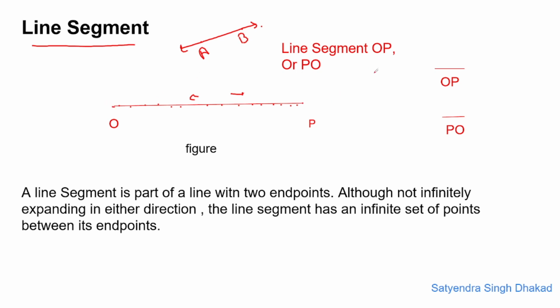Line and line segment are the same, but a line expands to infinity. A line is not finite, but a line segment is finite. It has its own endpoints.